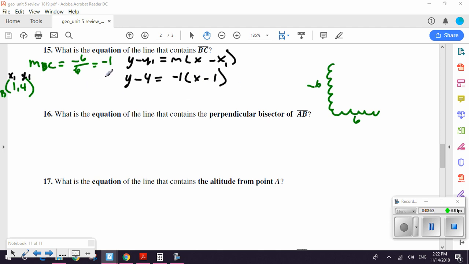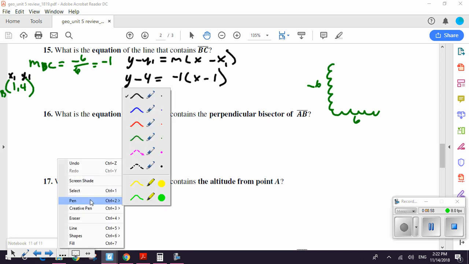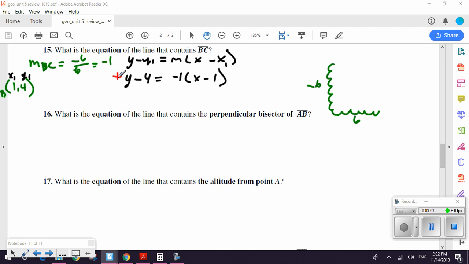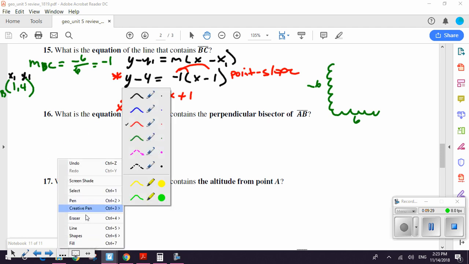It didn't tell us what format to write the equation in, so technically, this could be done. This is point slope form. If you want to put it in slope intercept form, you would have to distribute your negative 1. Sorry, wrong format.